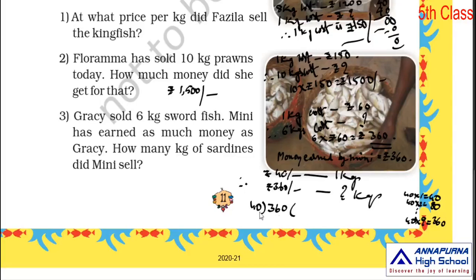So in 360, 40 is how many times? 9 times. 40 nines are 360. Minus it, 0. Therefore, what is this 9? So this is 9 kgs. So how many kgs of sardines did Minnie sell? 9 kgs. So this is the answer for this one.